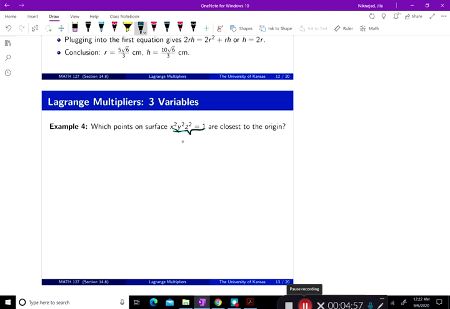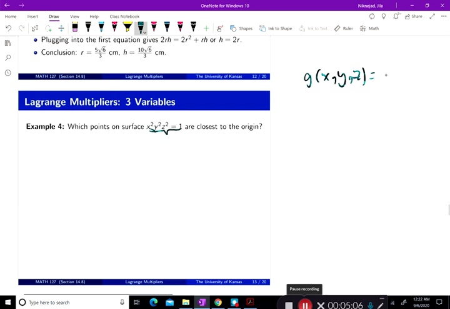And so this is g of x, y and z equal to x squared plus y squared plus z squared. Again, something to notice is these are functions of 3 variables now. And that's equal to 1 as the constraint.